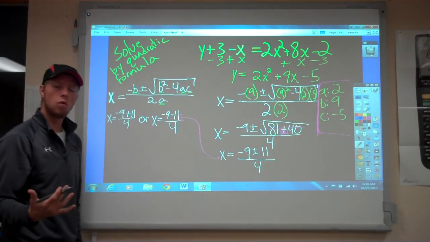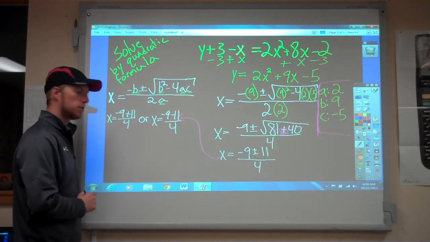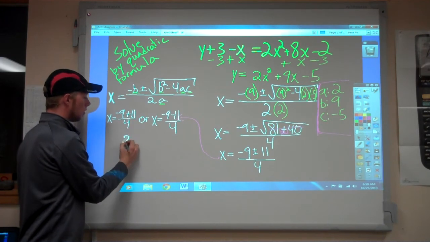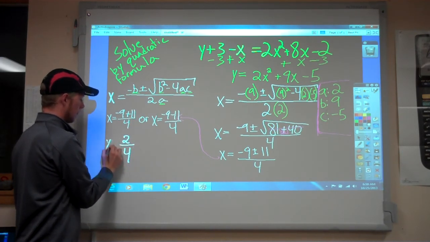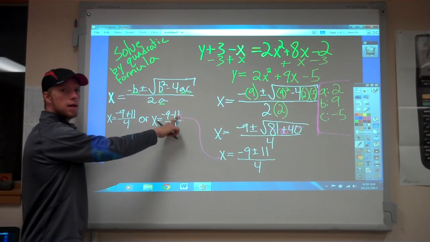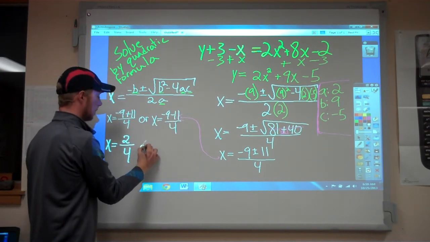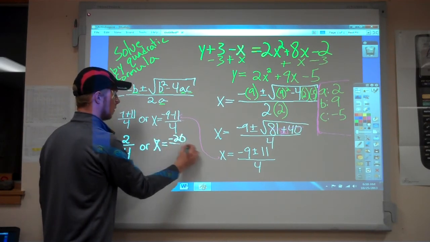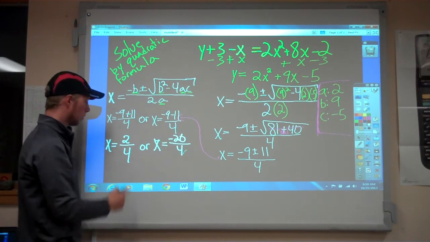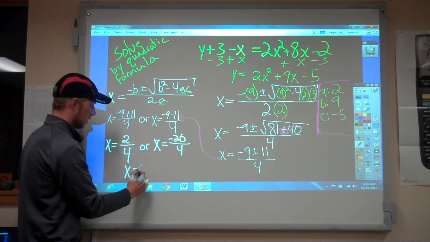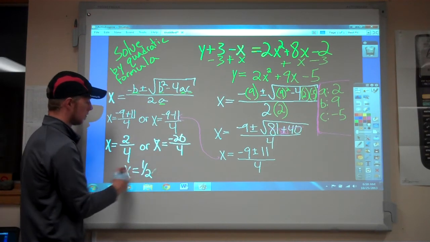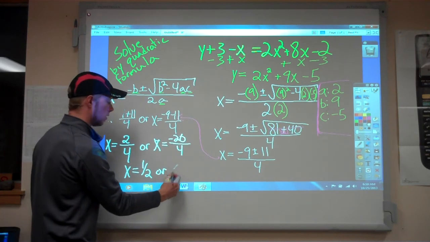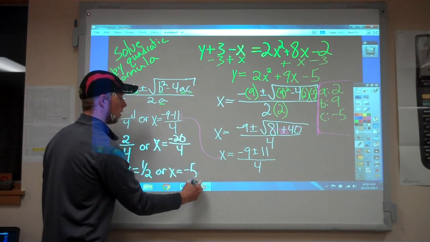So now we just have one last little, or 1.5 little steps left. Negative 9 plus 11, that's going to be 2 over 4. Negative 9 minus 11 becomes negative 20 over 4. And now we just simplify our fractions. X equals 1/2, or x equals, well, negative 20 divided by 4 is negative 5.